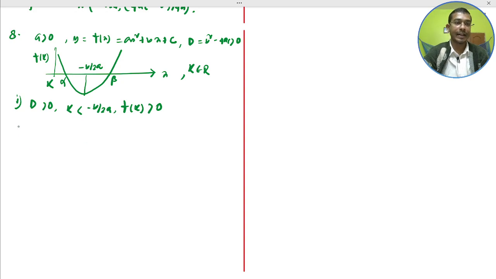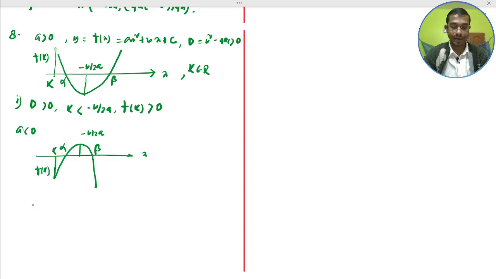Next, a less than 0. So for a less than 0, this would become this one. This is x, this point is minus b by 2a, alpha and beta are the two roots, and this is k and f(k).